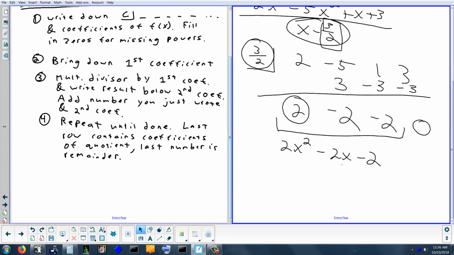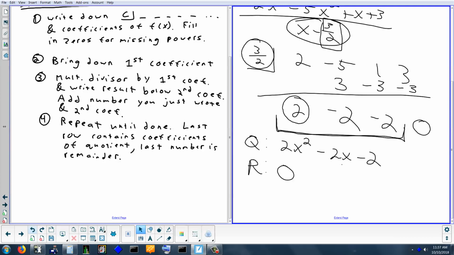How did I know to start with x squared? Work your way in that bracket. Work your way over. Constant, linear, squared. So 2x squared minus 2x minus 2. That's my quotient. And my remainder, the last number, is 0.